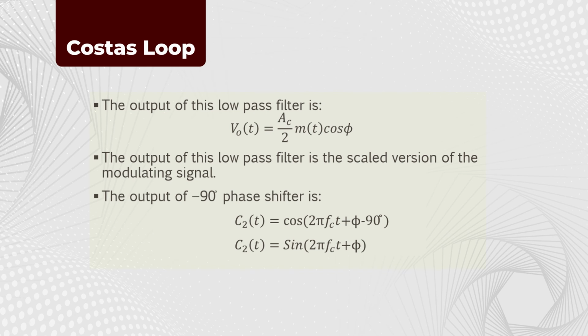The output of the 90 degree phase shifter is given by c2(t) = cos(2πfct + φ − 90°), or it can be written as c2(t) = sin(2πfct + φ).